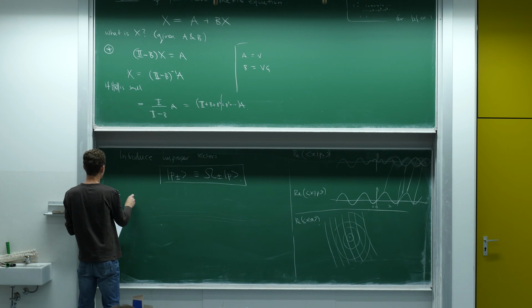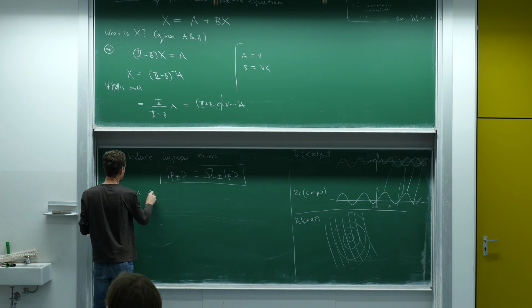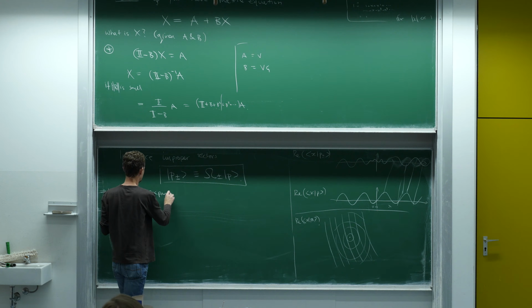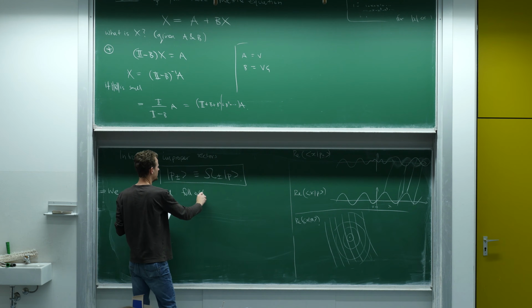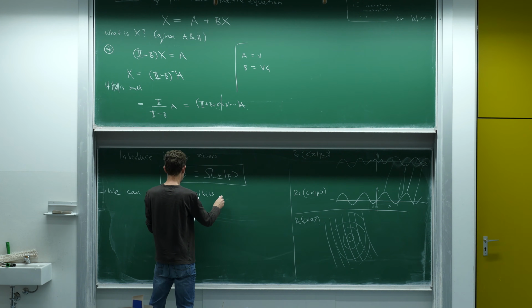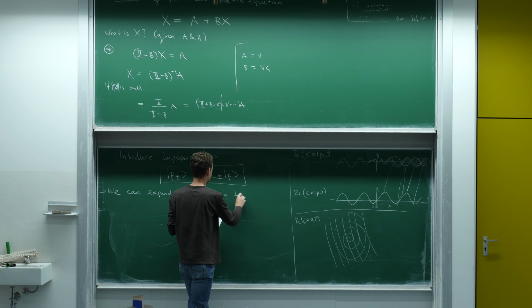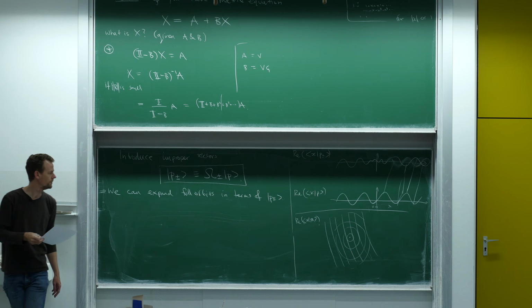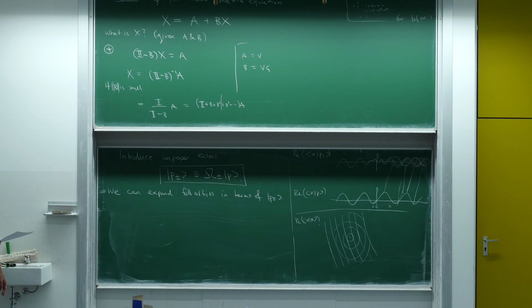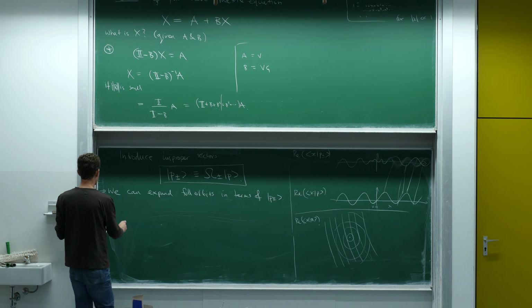So why would we introduce them? Well, we can expand full orbits, not asymptotic orbits, we can expand full orbits in terms of these p plus minuses. And that's not very difficult.